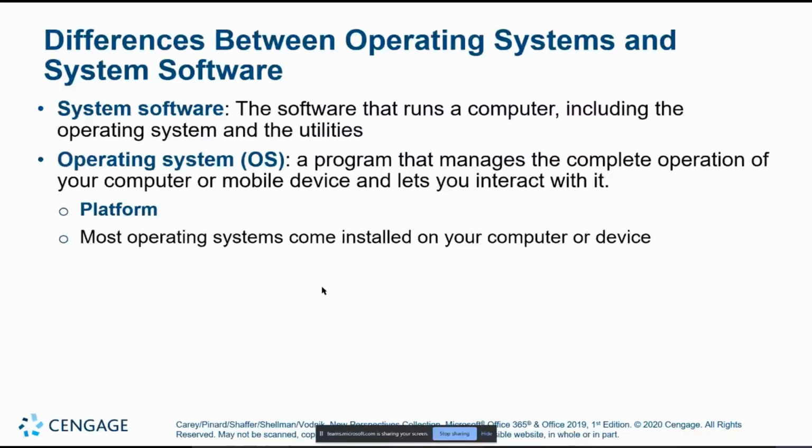System software, on the other hand, which does, again, include your operating system, also includes other tools like your firewall and general device management tools, things that are necessary to have your computer operate properly.